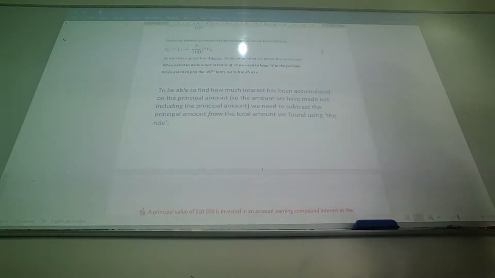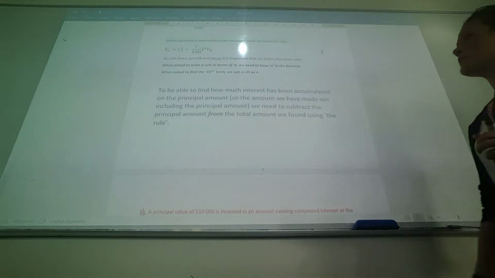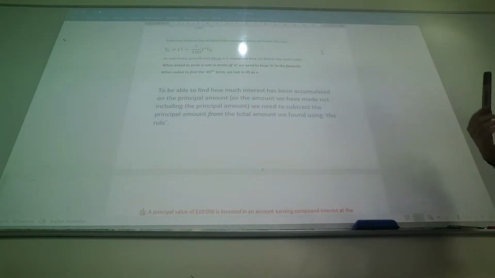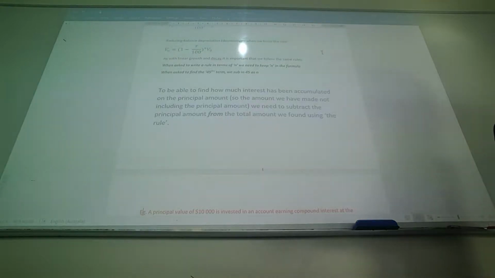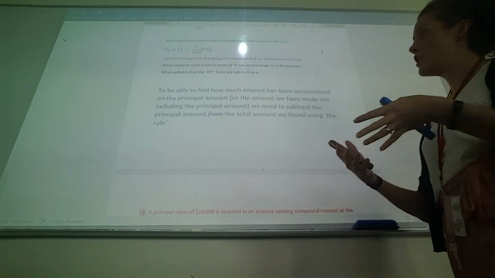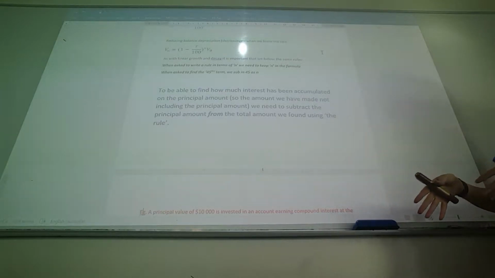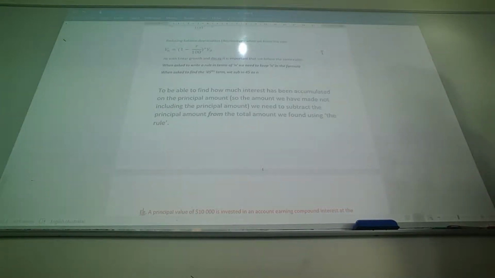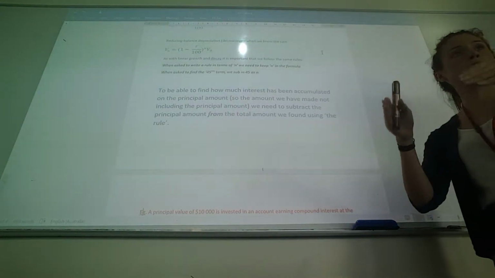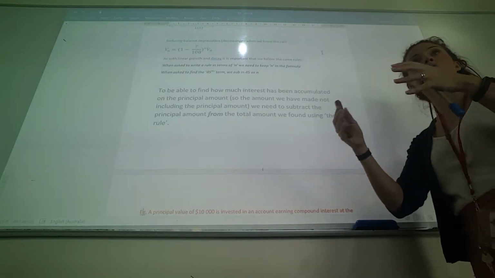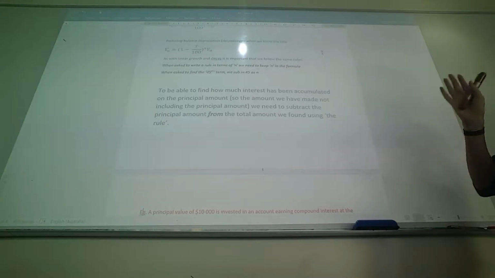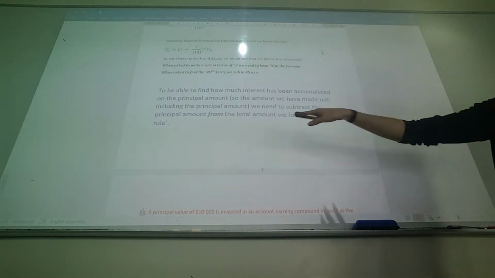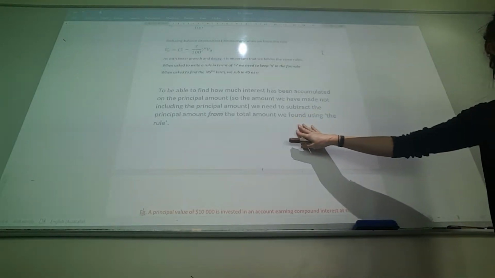No? Cool. All right. One thing that we need to make note of is when we're using compound interest, we'll often be asked to find how much interest has been earned. So when we're using compound interest, to be able to find how much interest has been accumulated on the principal amount, so not including what we've already put into the bank, we need to subtract the principal amount from the total amount we have found using the rule.